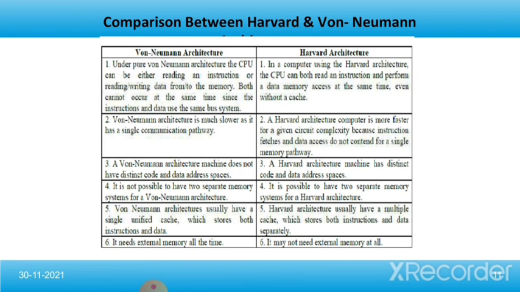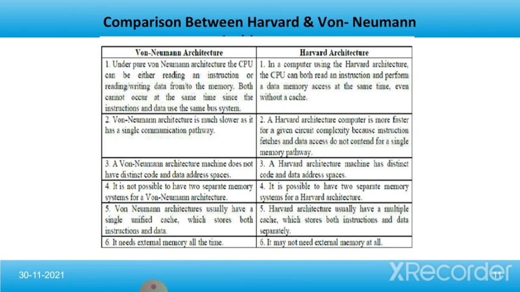Von Neumann architecture is much slower as it has a single communication pathway, and a Harvard architecture is faster than von Neumann for a given circuit complexity because instruction fetches and data access do not contend for a single memory pathway. A von Neumann architecture machine does not have distinct code and data address space, whereas a Harvard architecture machine has distinct code and data address spaces.